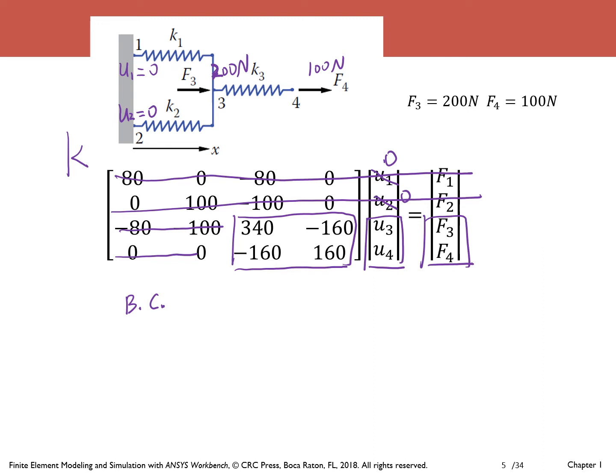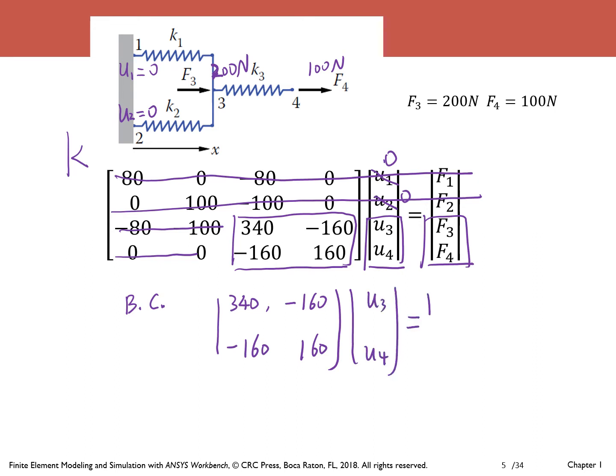By applying the boundary conditions, the equation we have is 340, minus 160, minus 160, 160, times the two displacements U3, U4, equal to the two nodal forces, which are 200 and 100. By solving this equation, we can get the displacements U3 and U4. Okay, and then the problem is solved.